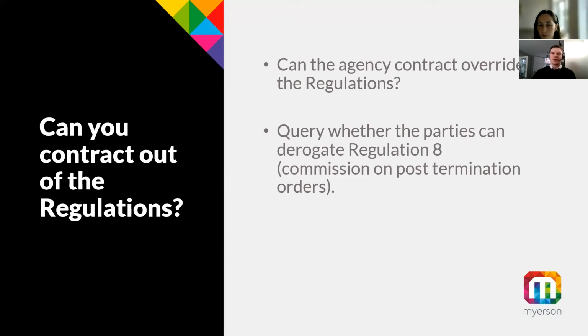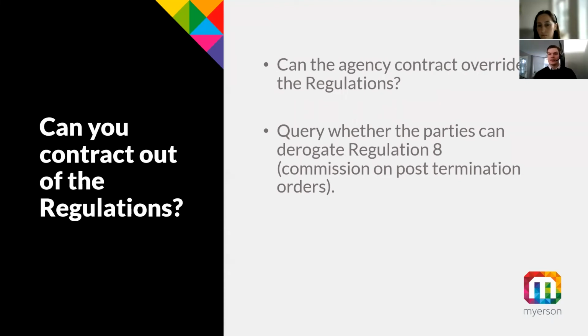However, there is some uncertainty in respect of certain sections of the regulations where these don't contain express wording that prevents the parties from contracting out. So take, for example, Regulation 8, which concerns an agent's entitlement to post-termination commission for a reasonable period of time.